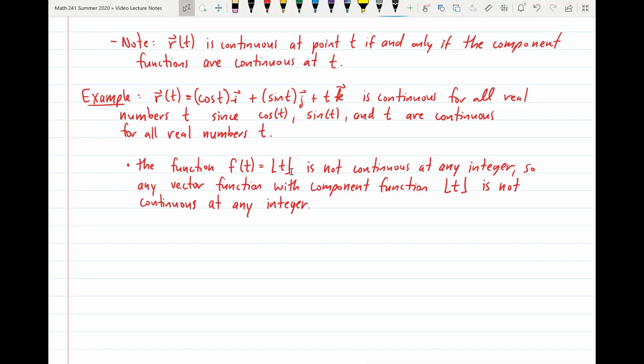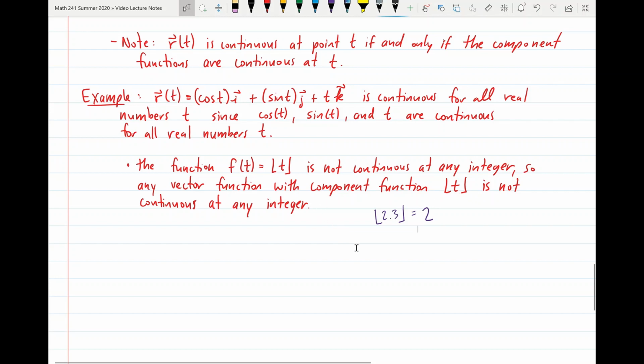So for example, the floor of 2.3 is equal to 2. It goes to the closest integer that is less than or equal to the number that we input. But this function is not continuous at any integer. So any vector function with the component function being the floor function is not going to be continuous at any integer.